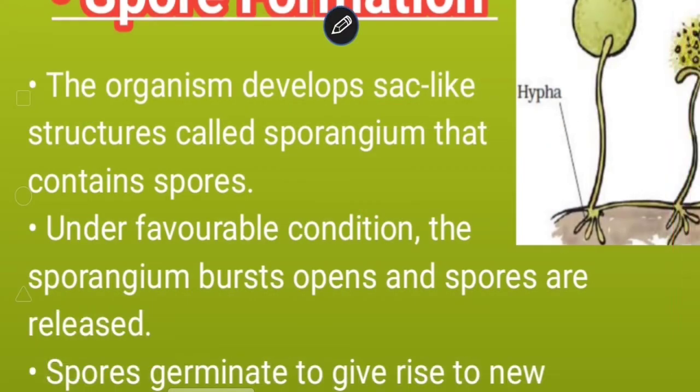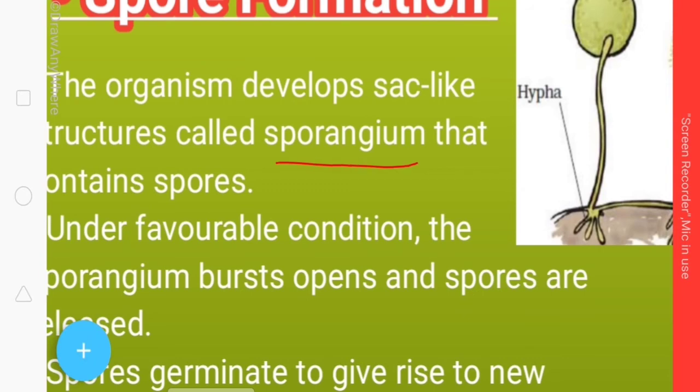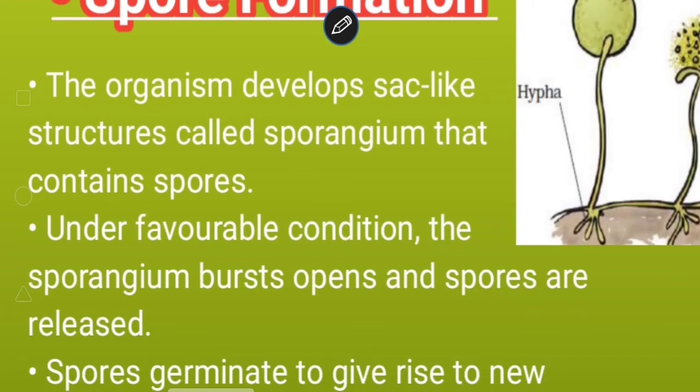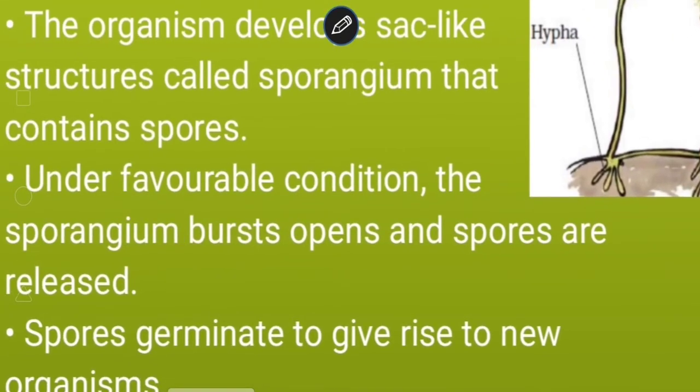So some organisms develop a bag-like structure known as a sac, and those are called sporangium. Inside the sporangium we can find spores. Under favorable conditions the sporangium bursts open and spores are released.